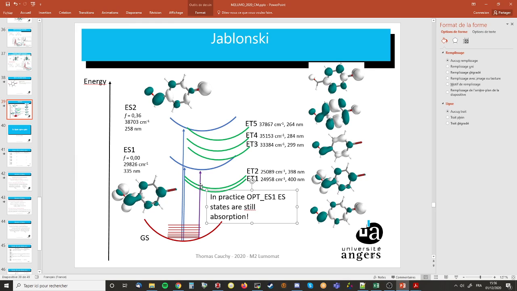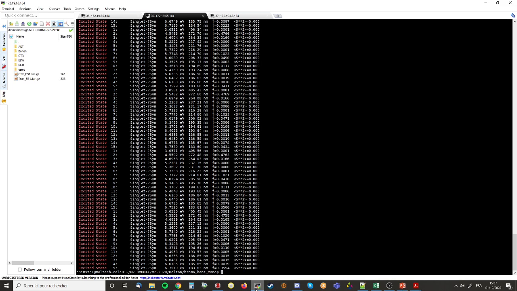And in its calculation, it's still calculating the energy to go here, here, and there. It needs the other information also. So that means that here in OPT-ES1, the only values that are interesting for us are the energy of the state that you are calculating.